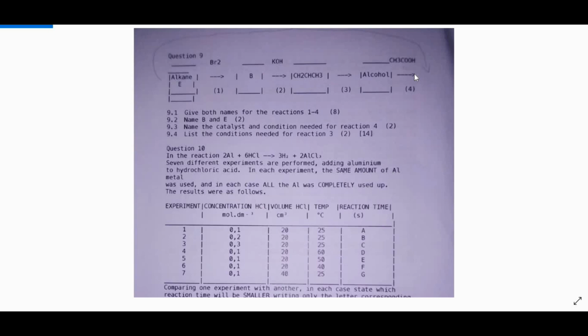And also a catalyst. Does anybody know? Reaction condition and the catalyst needed.